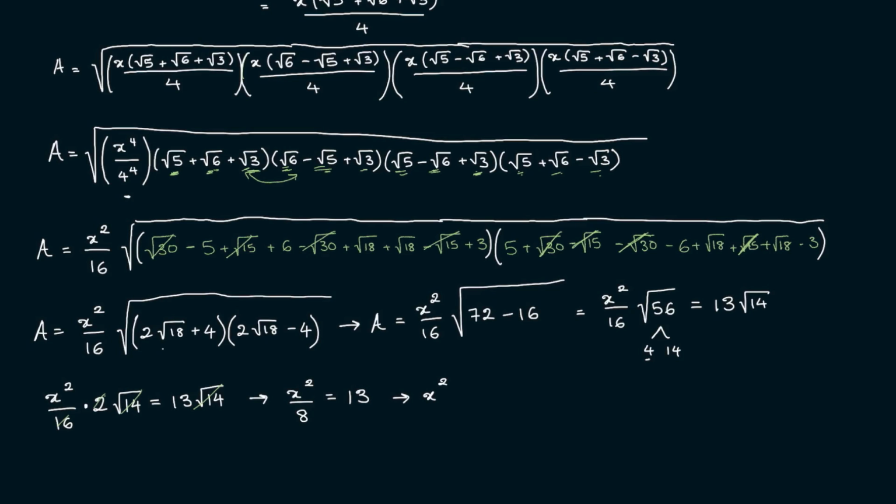When we multiply both sides by 8, we get that x squared is equal to 104.